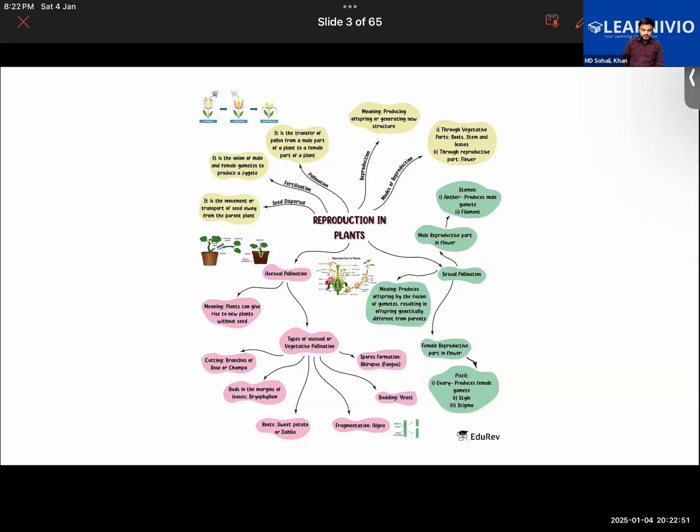Budding was one of the ways, no? Budding. Fragmentation. Fragmentation, right? Okay, so you have mainly four. First is vegetative propagation, budding, fragmentation, and then spore formation. Getting it now? Yes, sir.